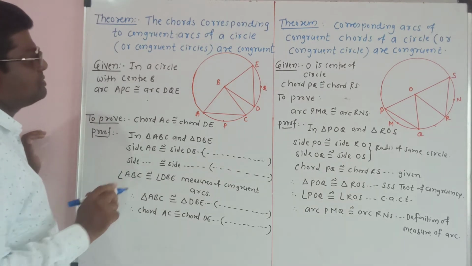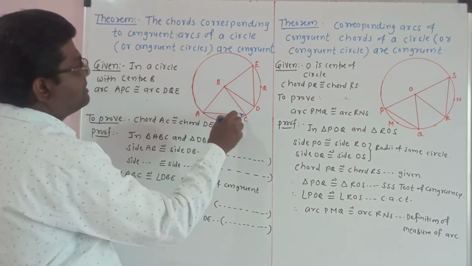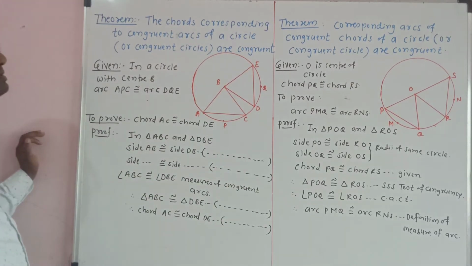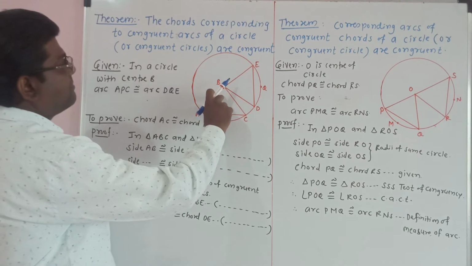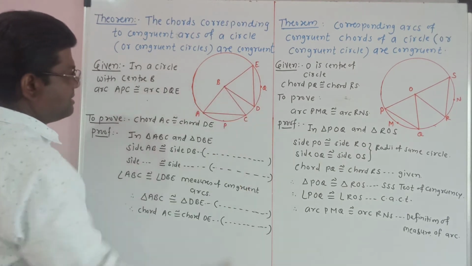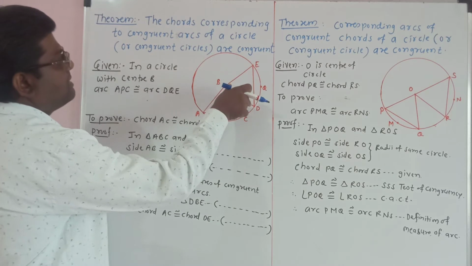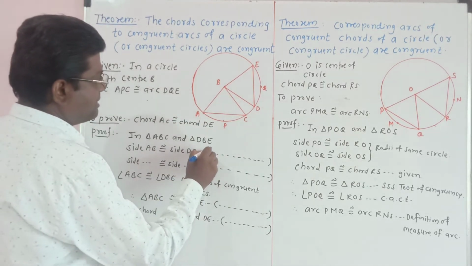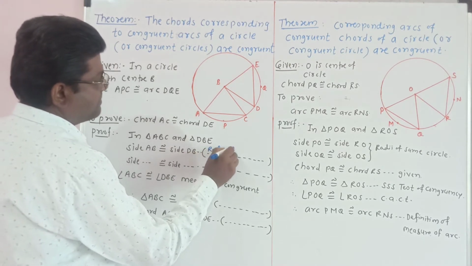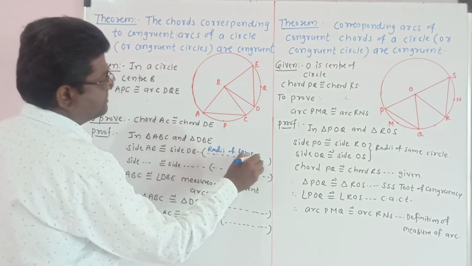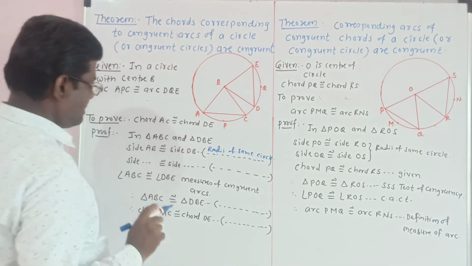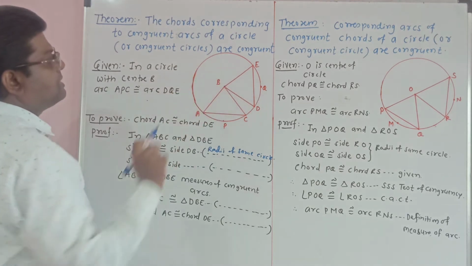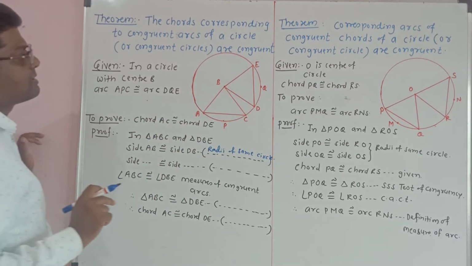Now consider two triangles, triangle ABC and triangle DBE. In these two triangles, side AB is congruent to side DB, because AB and DB are radii of the same circle. So here we write radii of the same circle.